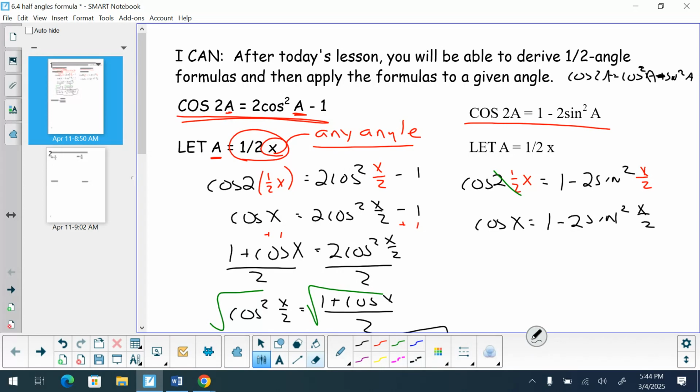And we can use my old Gregoryism that I've coined. We're going to do a double switcheroonie. We're going to add the 2 sine squared over here. We're going to subtract the cosine of x over here. So we're left with 2 sine squared x over 2 is equal to 1 minus cosine of x.